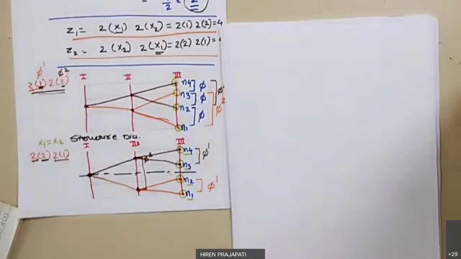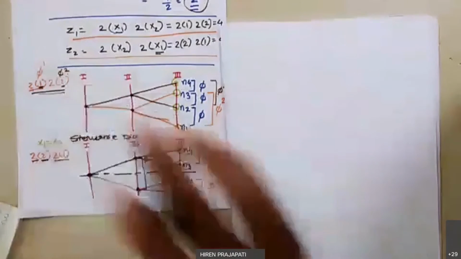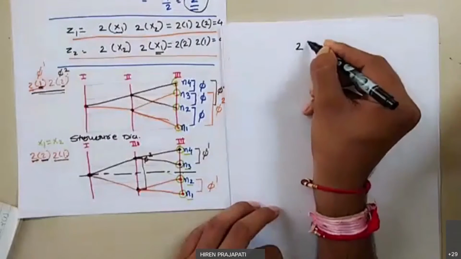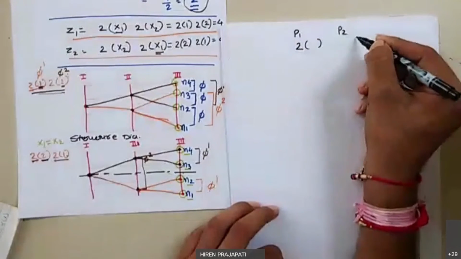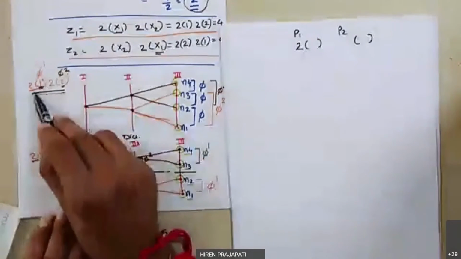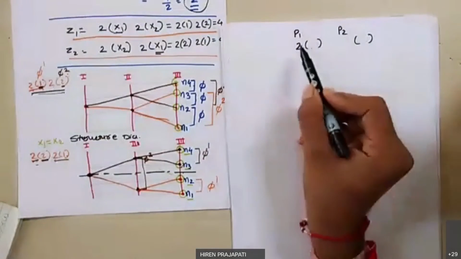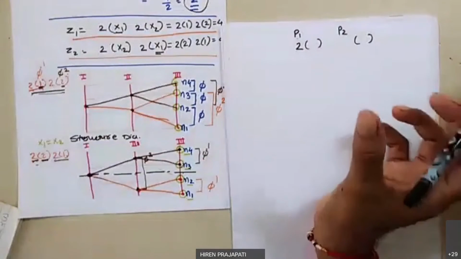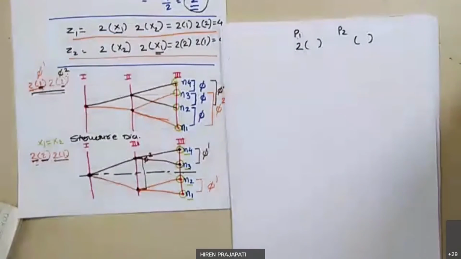Both the structure diagrams will give you the same layout. Let me draw, because that layout actually depends on P1 and P2. If you look in both the equations, your P1 and P2 are the same. So the layout of the gearbox depends on P1 and P2. The diameter of gears depends on X1 and X2. We'll see now how.